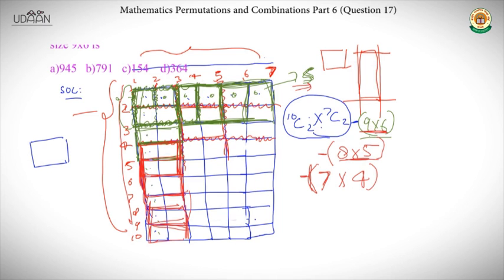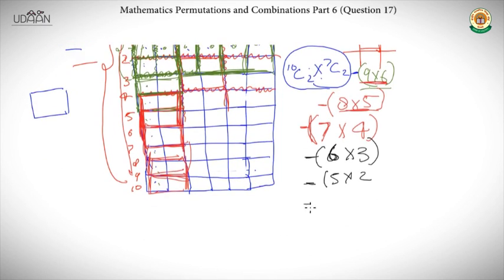The same goes for 4 into 4, where it will be 6 into 3. When we talk about 5 into 5, it is 5 into 2.